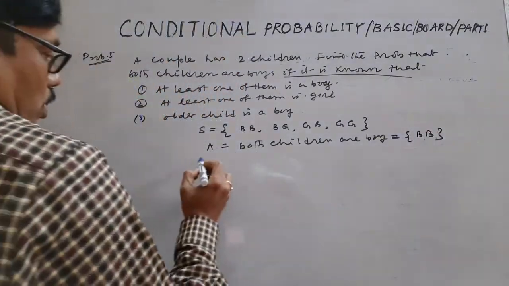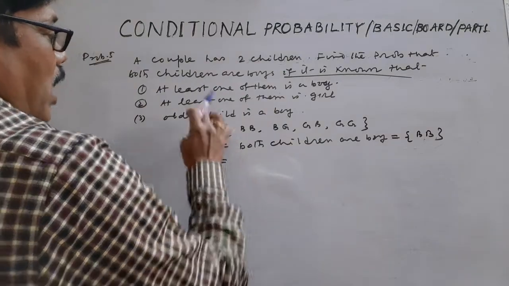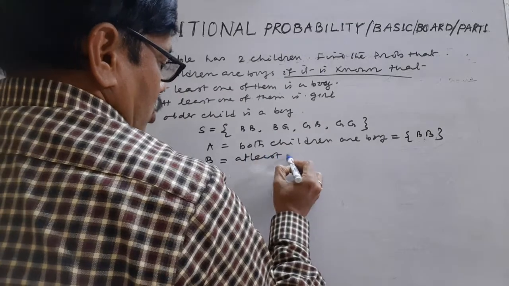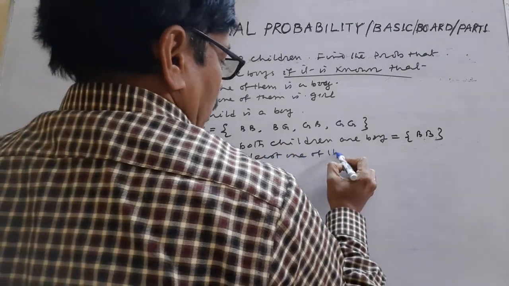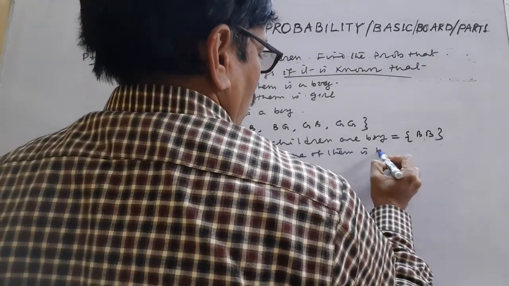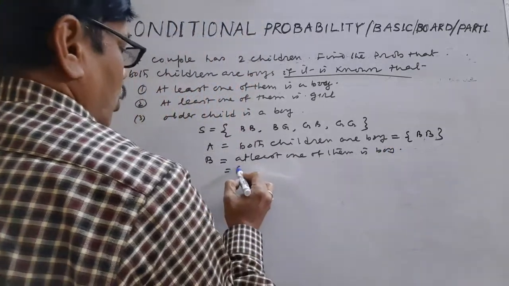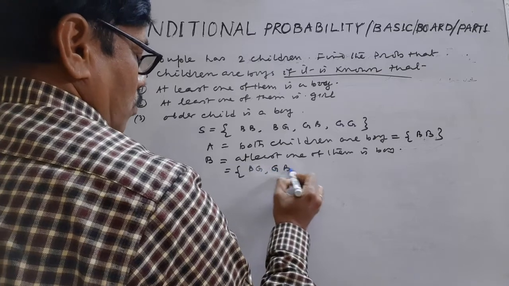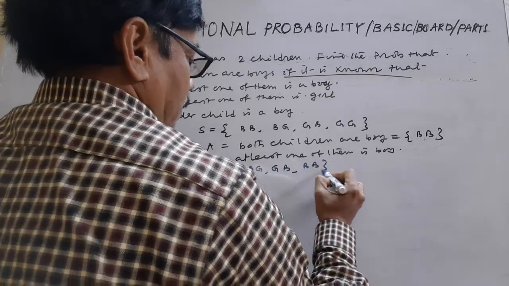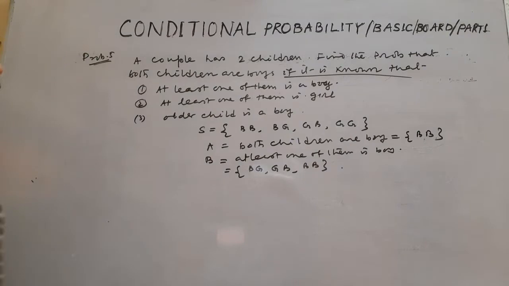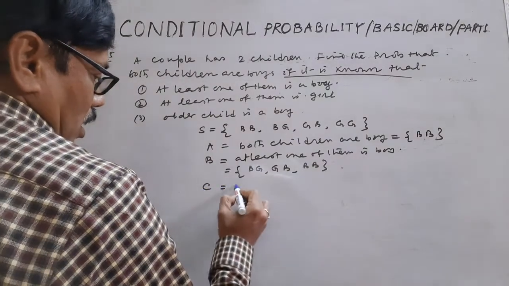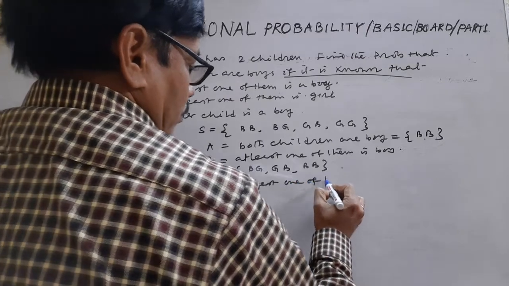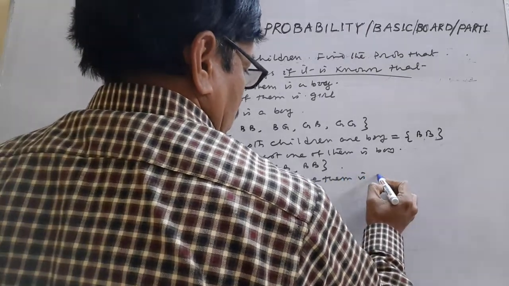And for case 1, B equals at least one of them is a boy. So BB, BG, GB, one boy and 2 boys. Number 3, C, at least one of them is a girl.